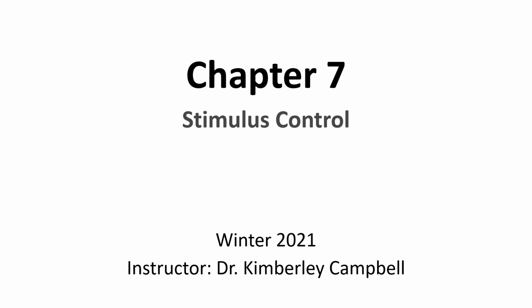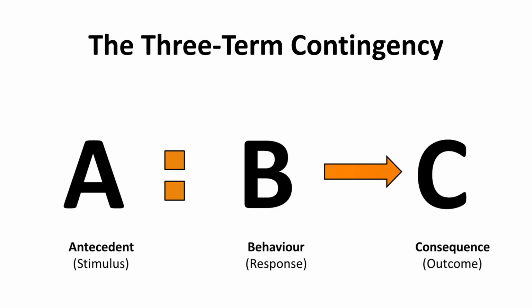In this lecture, we're going to start talking about antecedents, which are stimuli or events that precede operant responses. So here we have what Skinner called the three-term contingency, A, B, and C. So far we've been talking about B and C, a behavior and the subsequent consequence.